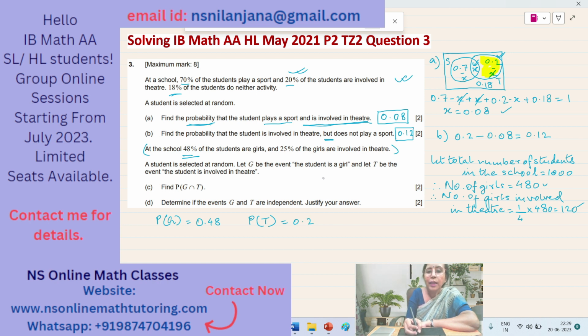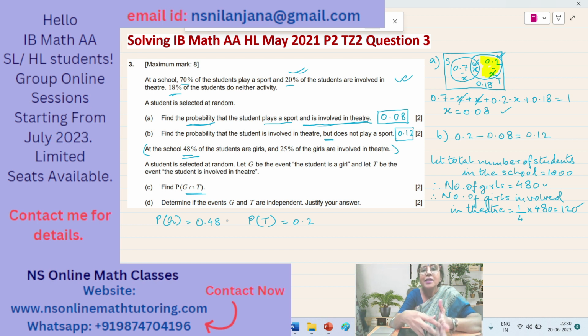So subpart C is to find P of G intersection T. G intersection T, what does this mean? This means that the student is a girl and the student is involved in theater.